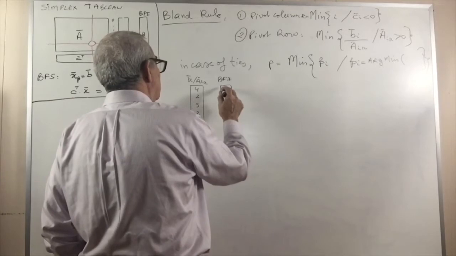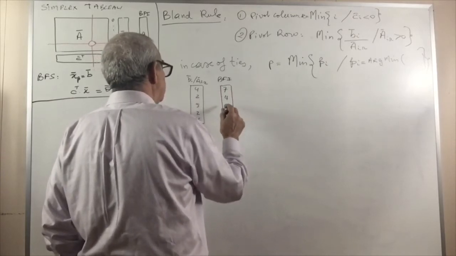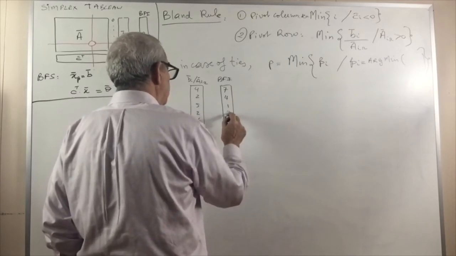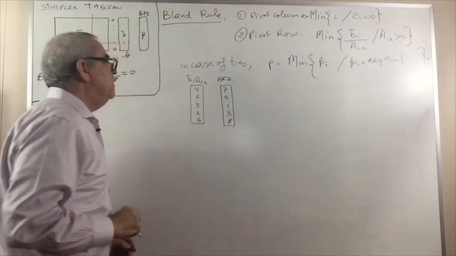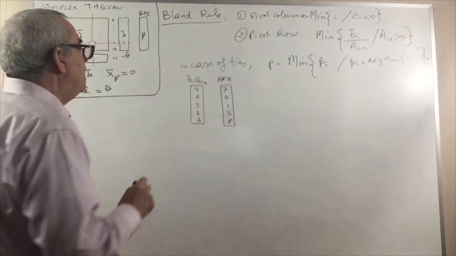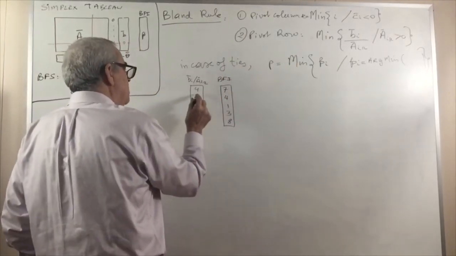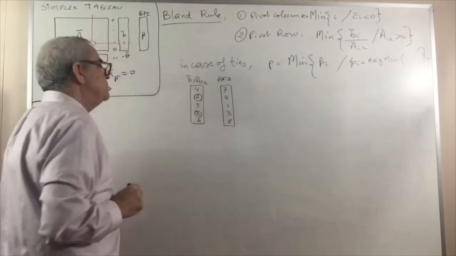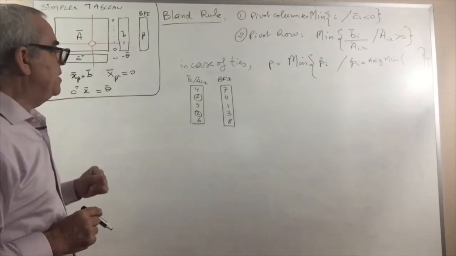Let's say this is 7, this is 4, 1, 3, and 8. Okay, this is my ratios, and this is my BFI. So now I do this minimum, all right? So my minimum is here and here. Okay. So I have a tie in this case, and therefore my linear program is degenerate.